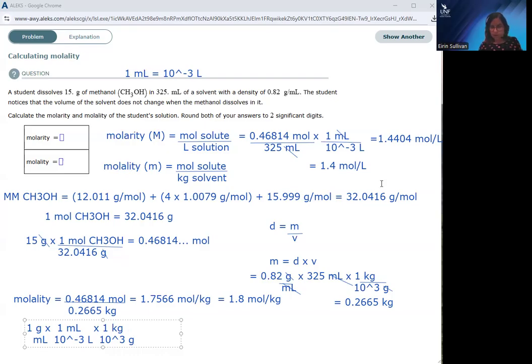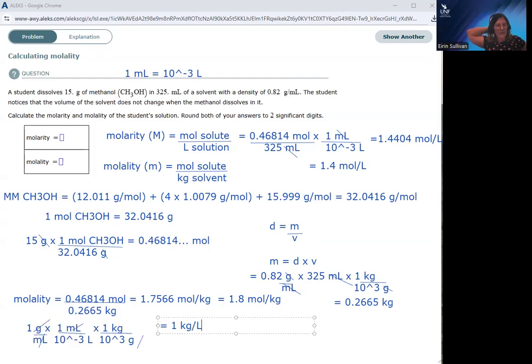So let's look at our dimensional analysis real quick. Grams cancels out, milliliters cancels out. So a density of 1 gram per milliliter is equivalent to a density of 1 kilogram per liter, right?